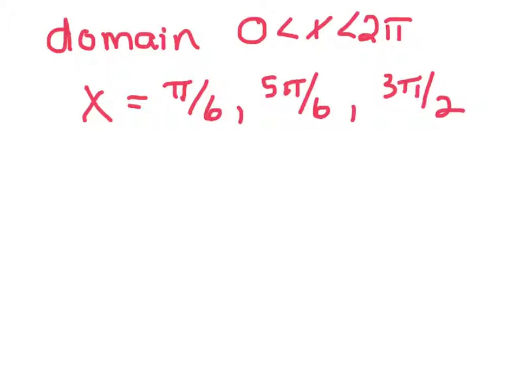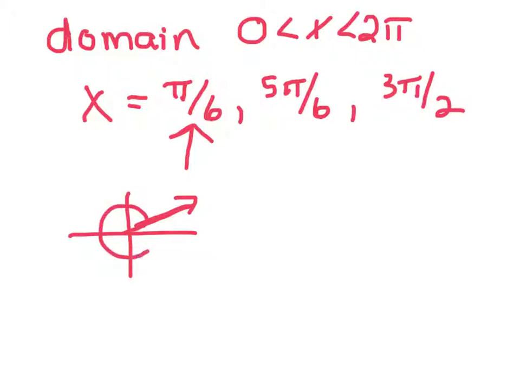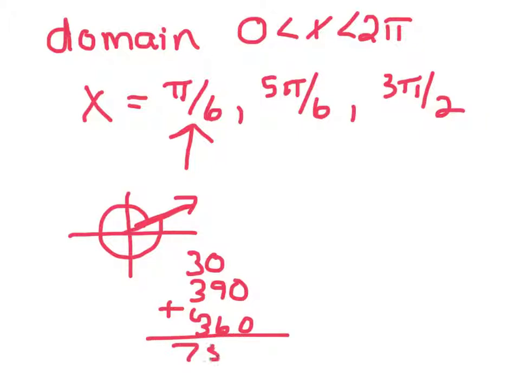But if there was no limit to the domain, then all of those answers, like this 30-degree answer, would happen here at 30. It would happen again at 390. It would happen again if you had another 360 at 750. And it will repeat over and over again.